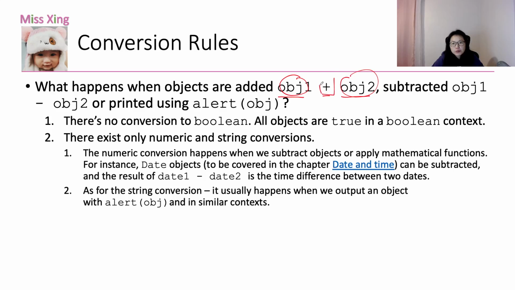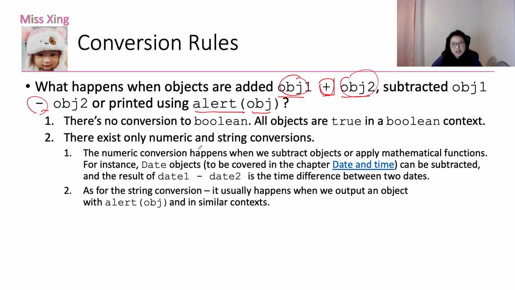And when we do a plus sign, or subtract, or print using alert, with an object, what's going to happen? As we know, when we do plus and minus on objects, how can we add?